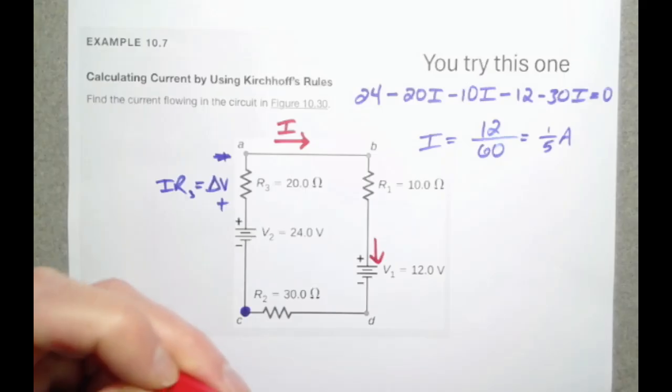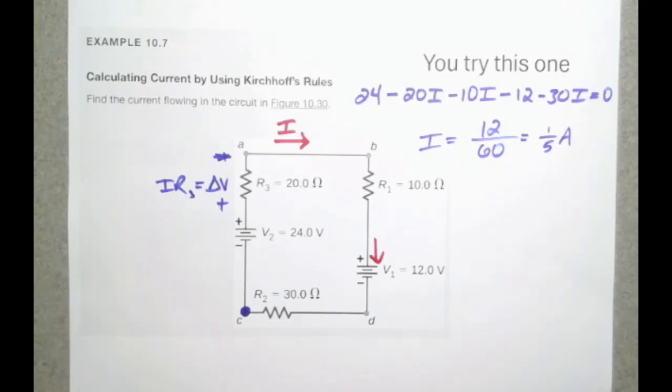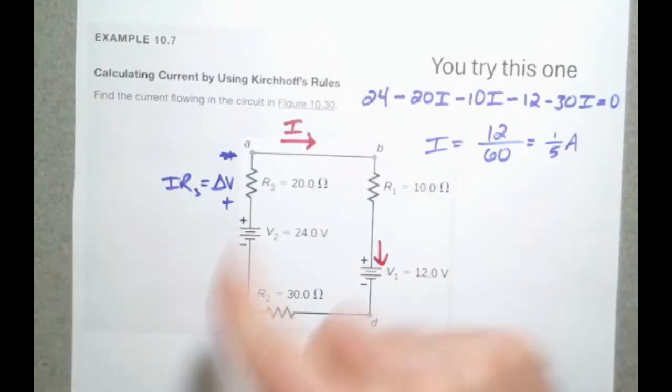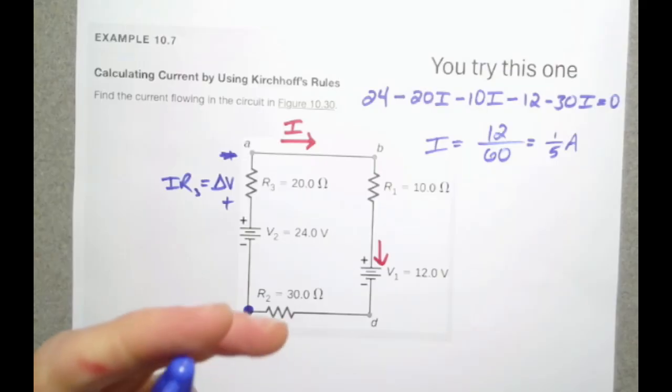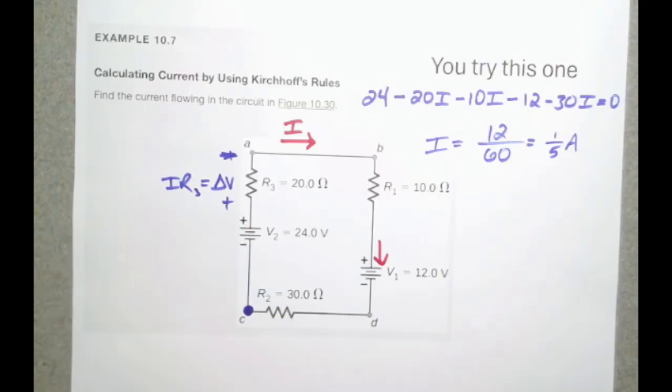Is that because the left battery has more voltage? Yeah, that's right. If you were to make this a smaller voltage, it would be going in the other direction. Now, hopefully it's a rechargeable battery. Not all batteries are rechargeable. If it's not, bad stuff can happen.